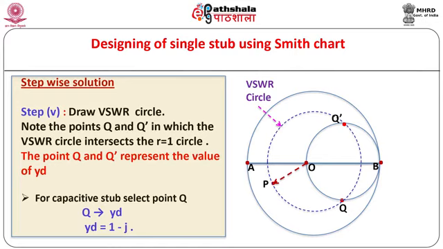The points Q and Q dash represent the value of YD in equation number 4. If we want to have an inductive stub, the point Q dash is to be used for YD, while for a capacitive stub, YD is to be taken as point Q. As per the requirement in the problem, we need a capacitive stub, hence we will select point Q. Accordingly, we have YD equal to 1 minus j.